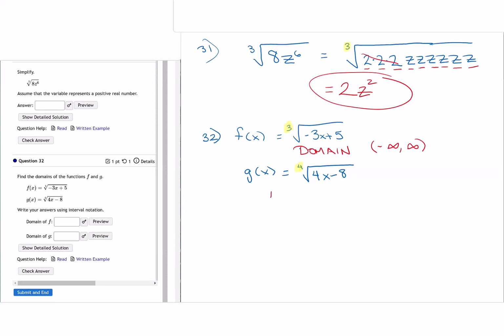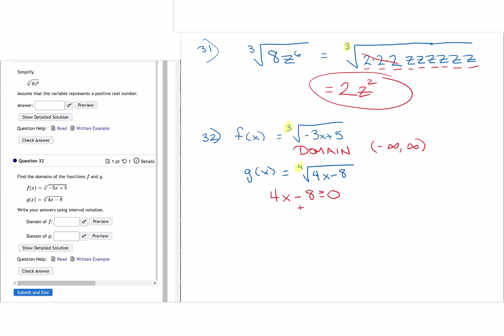That means whatever this equals, it's got to be greater than or equal to 0. It could equal 0. 0 times 0 times 0 times 0 is equal to 0. So it can equal 0. It can be bigger than 0, but it can't be less than 0 because that 4 is even.